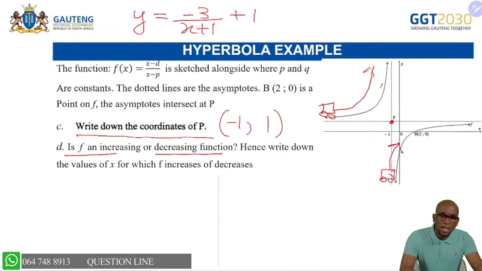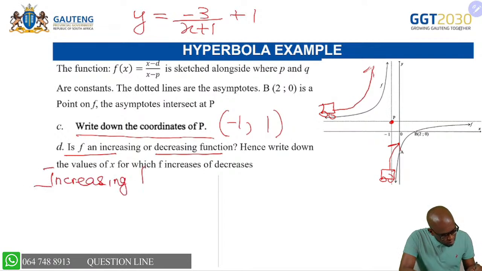So if my toy car moves up, we say that the graph is increasing because it moves up. The value of x is increasing. When x increases, I mean y also increases. So this should be an increasing function. It is an increasing function.